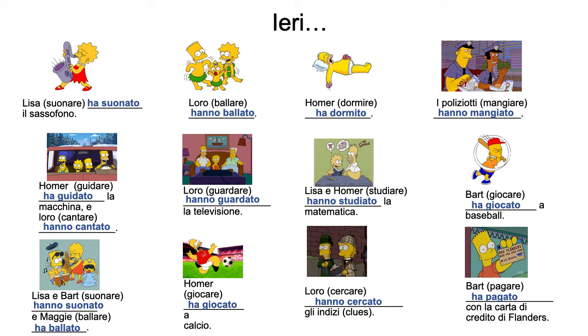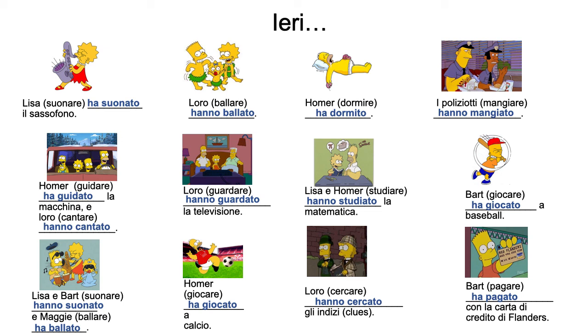Okay? So, probably the most important concept of this review of passato prossimo is that when you conjugate in this tense in Italian, you always need to have two elements, not just one, right? First, you need the correct form of avere, and then you need the past participle. Okay?